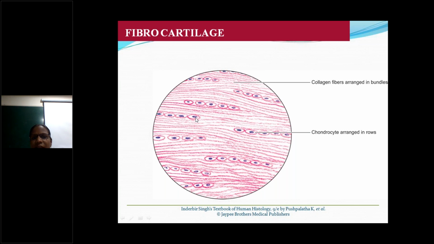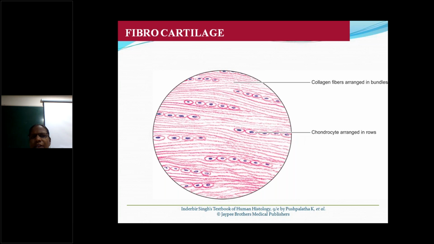But in hyaline cartilage, you see the chondrocytes present in groups, arranged irregularly. Here, you see very few chondrocytes, present in a linear appearance.